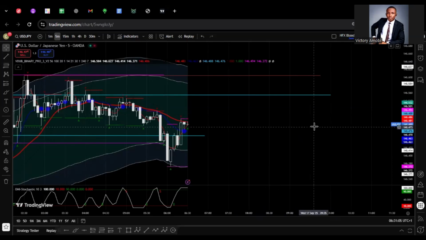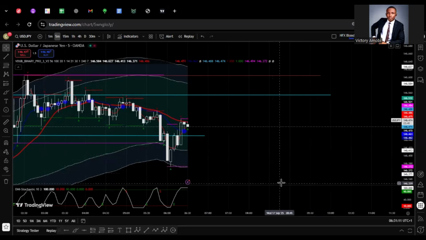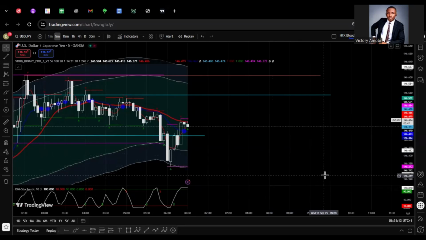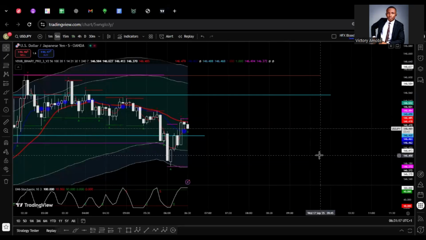Before we take any decision, this must happen, this must happen, this must happen. And I've not even shown us the currency strength meter. That is also key, right?